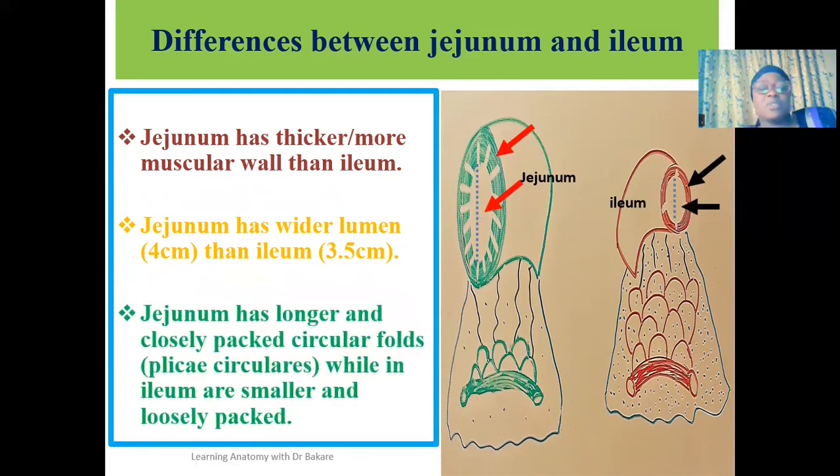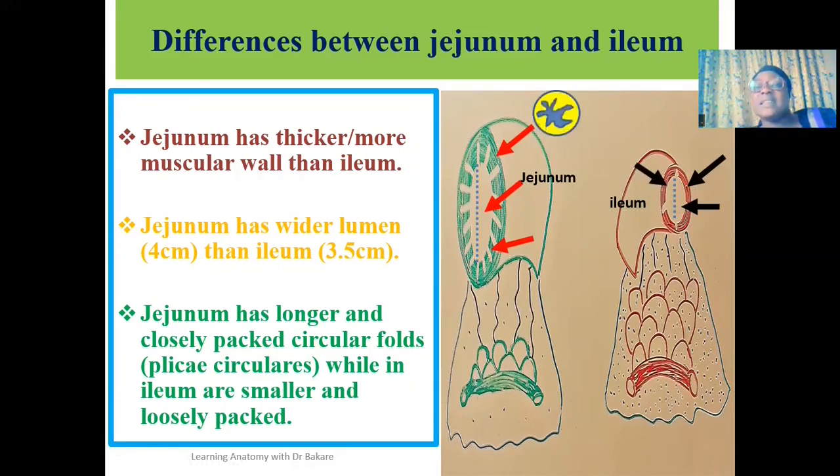The jejunum also has longer and closely packed circular folds, which are the plicae circulares. These are the circular folds in the jejunum, and you see that they appear to be longer and also more closely packed. If you look at the ileum, they are shorter and loosely packed.